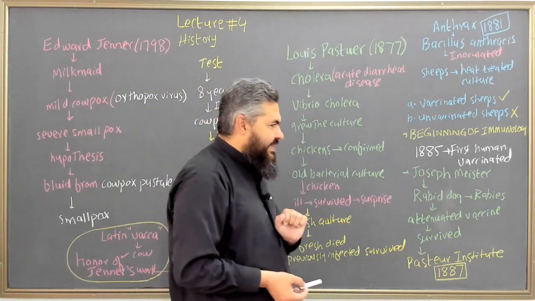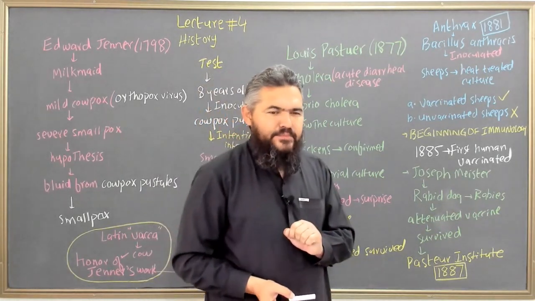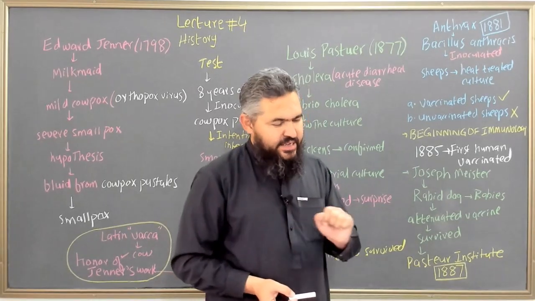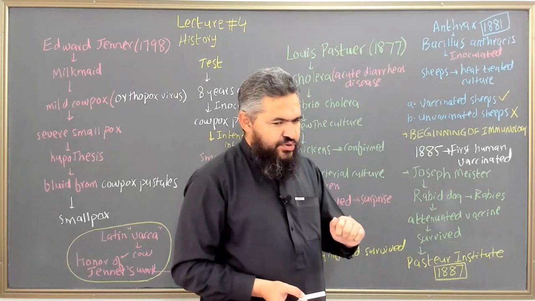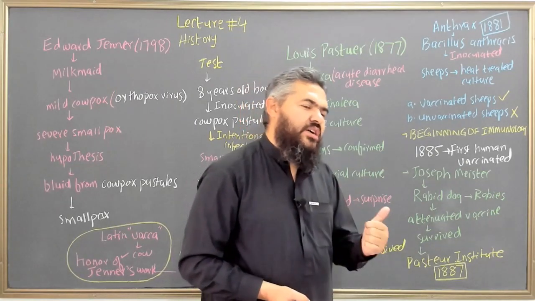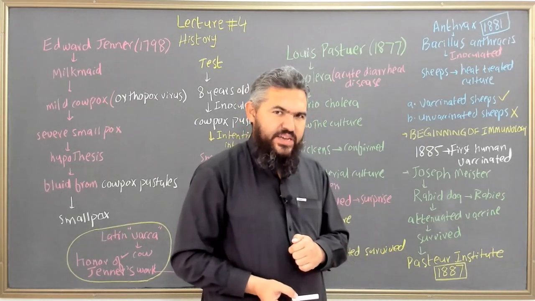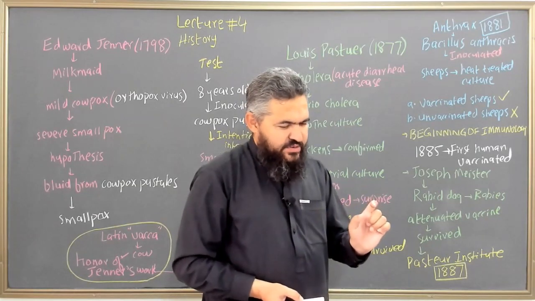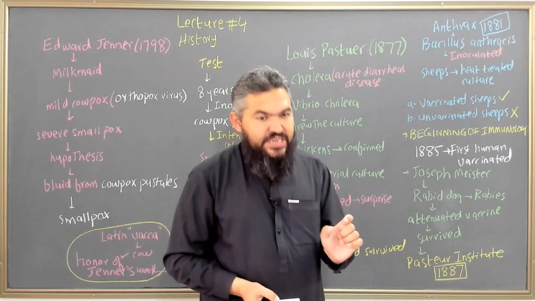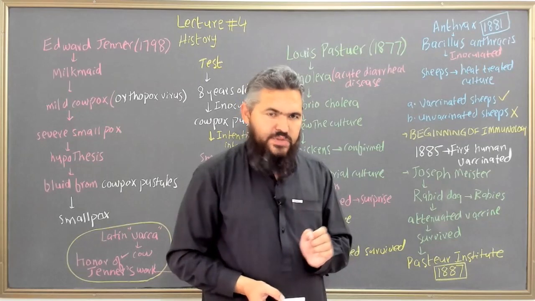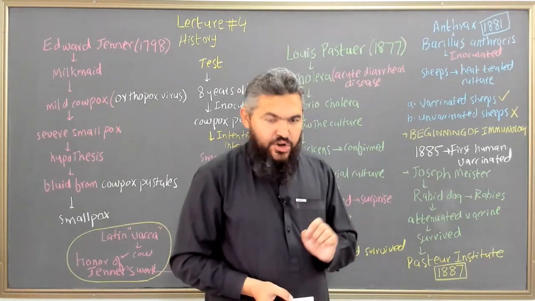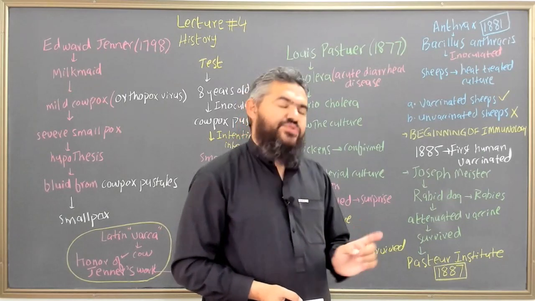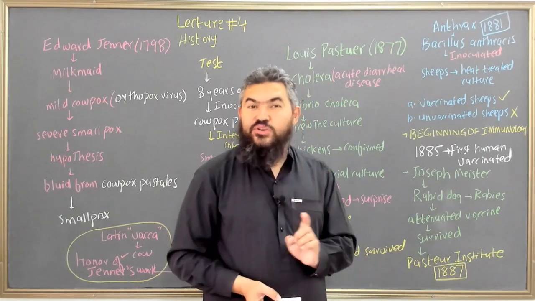Now, one of the fascinating things about the rabies vaccine is that after you have been bitten by the rabid dog, if you get the vaccine within a short period of time, while the virus has not yet reached your nervous system, you are going to survive.